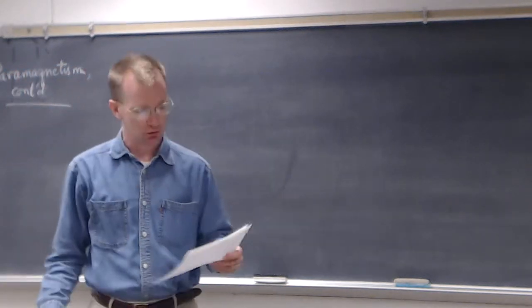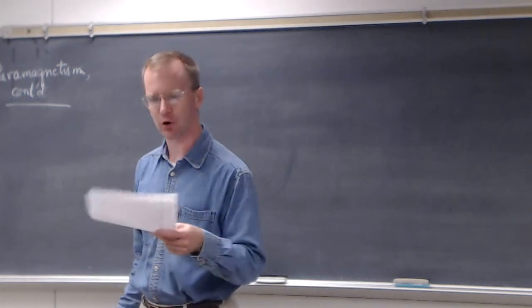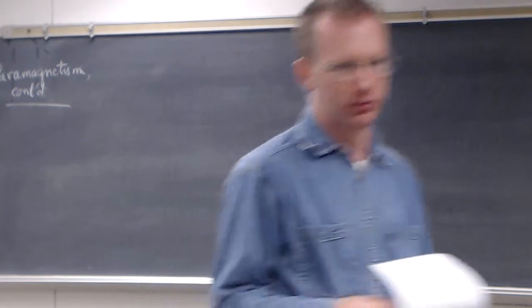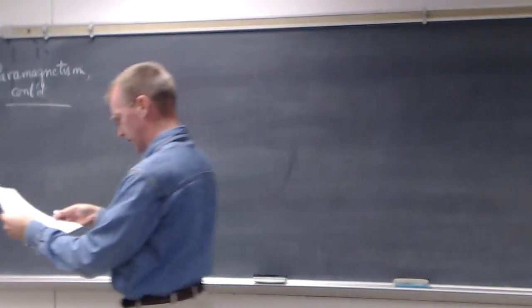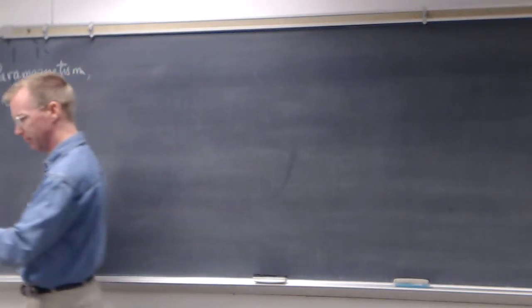Okay, so we're going to continue and, in fact, finish the derivation of how paramagnetism works today. At the end of the last lecture, we'd gotten up to finding the temperature as a function of energy.